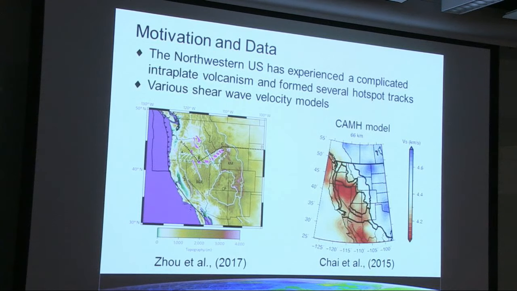Imaging of seismic structure such as density, velocity, and attenuation in the U.S. is important to enhance our knowledge of the origin of the volcanic mechanism. Various elastic velocity models have revealed multi-scale heterogeneities, where we observe low velocities in the tectonic and magmatically very active regions, and we have relatively high velocities in the Midwest.